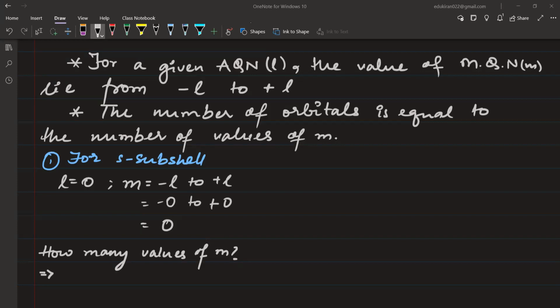How many values of M did we get? I have not got the answer from Afnan, Yasir, and Nabiha.